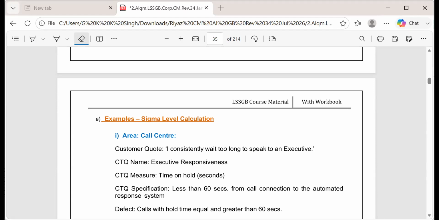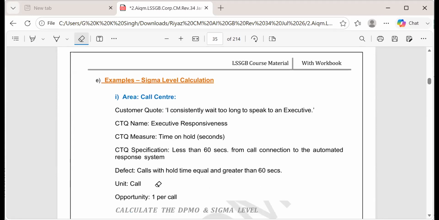But if it is 60 seconds or more, we will consider it as a defect. That is the definition of the defect here. So calls with a hold time equal to or more than 60 seconds is a defect. The unit is called opportunity. What is the opportunity for error here? Either it will be within 60 seconds or it will be more. So one opportunity for error.